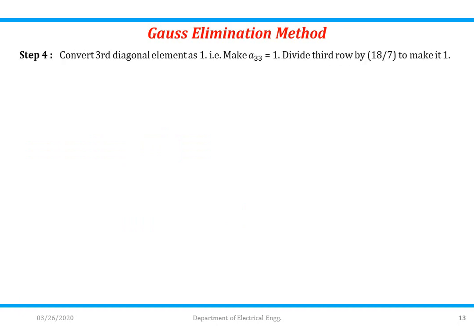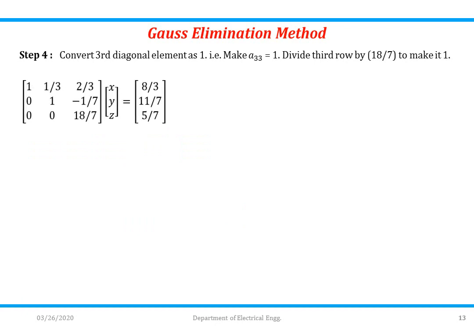Next step is to convert the third diagonal element to 1. That is, make A33 equal to 1. This is the previous matrix that I have copied here. I want to make this element a 1. So how to make this element a 1? Either you divide 18 by 7 by 18 by 7, or you multiply 18 by 7 by 7 by 18. So I want to make a change in which row?